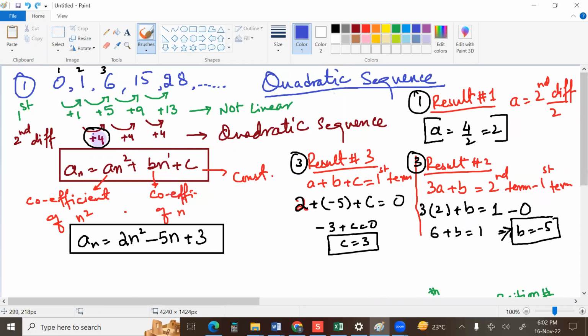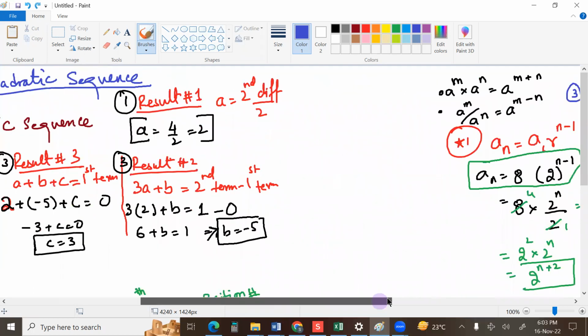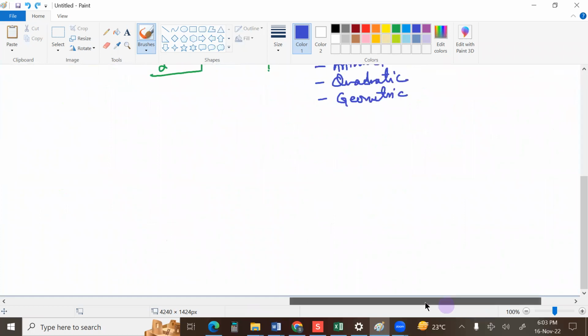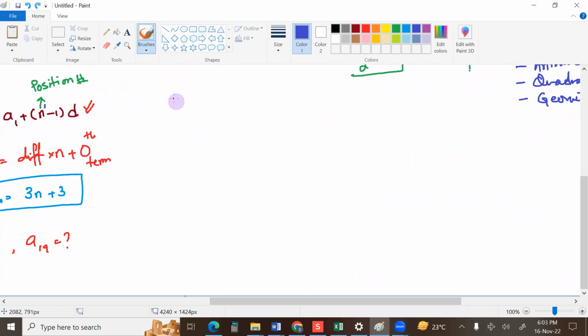Now, once these sequences are done, we know how to find the sequence just from number values, of course. There will be difficult situations. I'll definitely discuss in some other video. But once all these generalizations are made, what is our next job? Our next job is once you generalize, then you have to do checks.